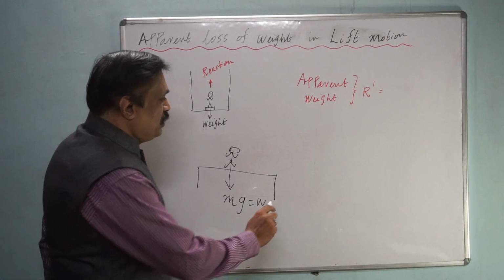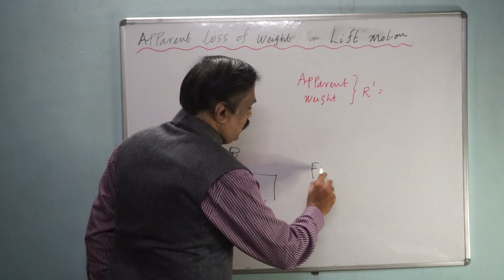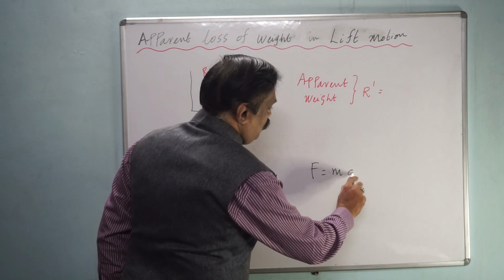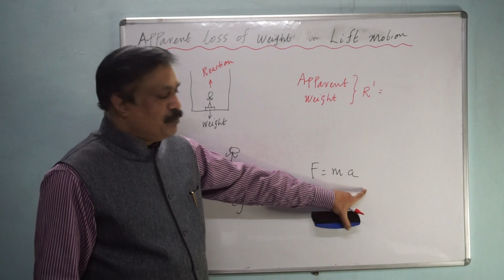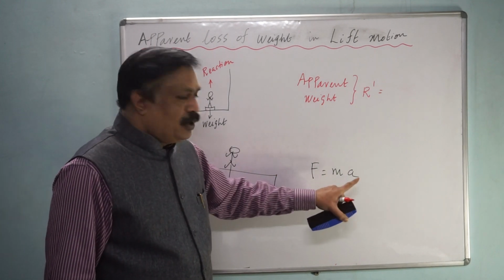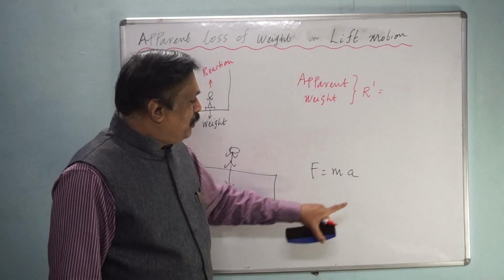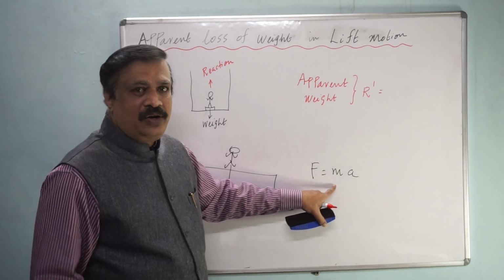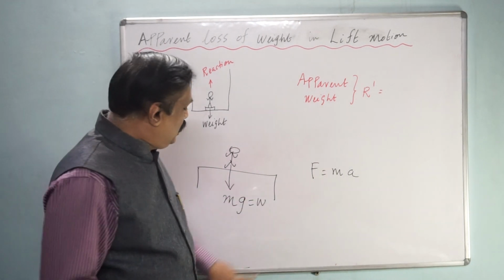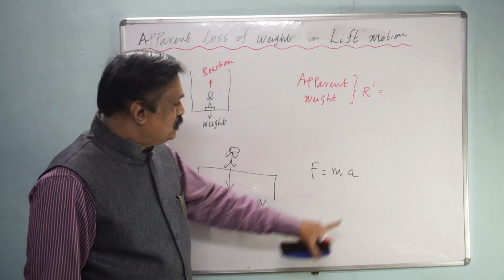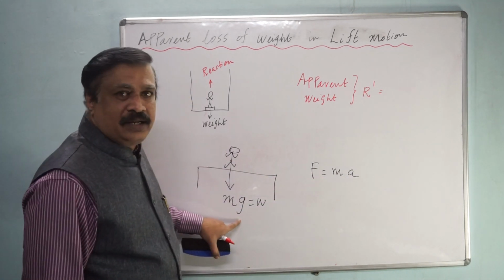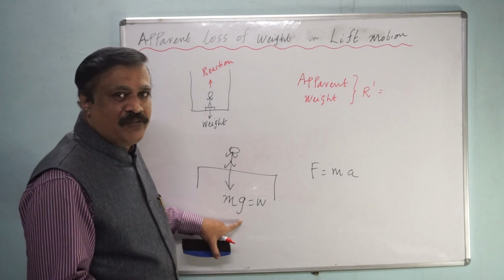Already we derived Newton's second law, F equal to mass into acceleration. Instead of a, here we are writing g, acceleration due to gravity.